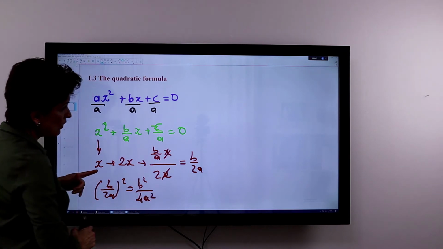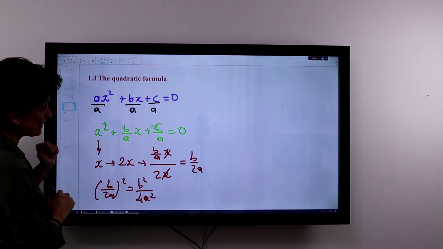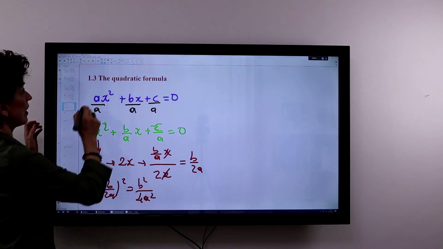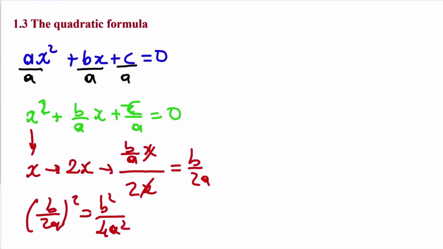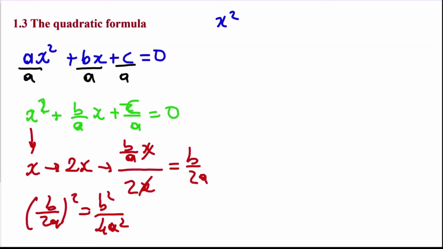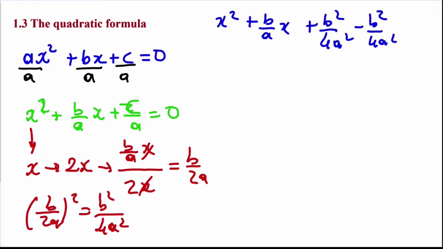Got it? What I am going to do is add and subtract at the same time. Here, x² + (b/a)x + b²/4a² - b²/4a² + c/a equals 0.